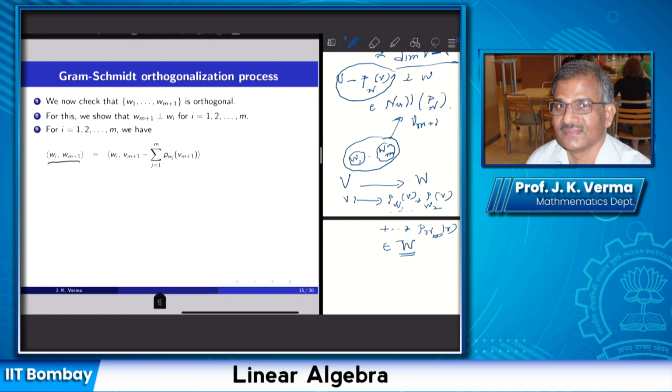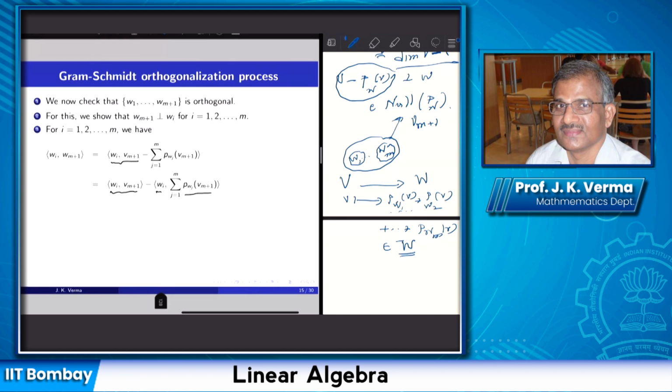The definition of Wm plus 1 is Vm plus 1 minus the sum of the projections of Vm plus 1 in each of the directions W1, W2, Wm. So take Wi inner product with this vector, but the inner product is linear in the second coordinate, so I can split this as Wi inner product with Vm plus 1 and Wi inner product with these vectors.